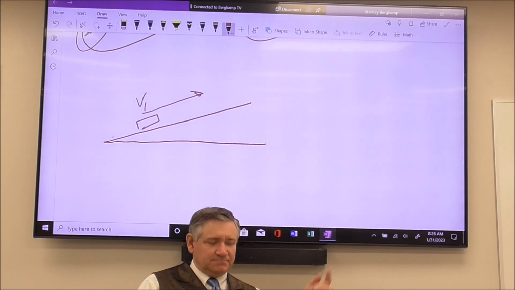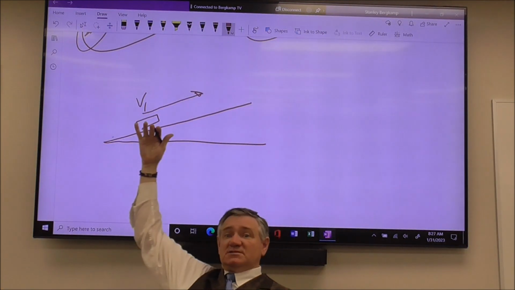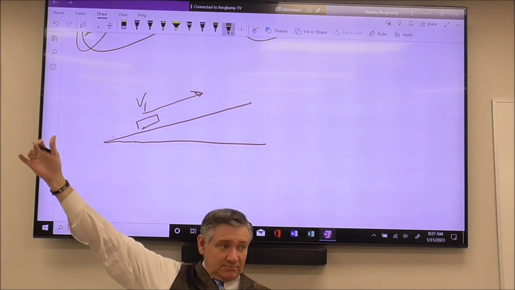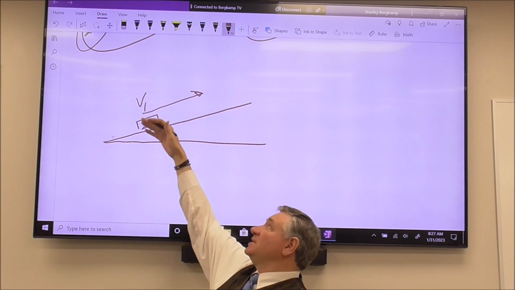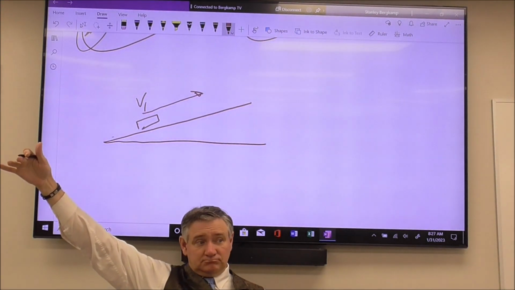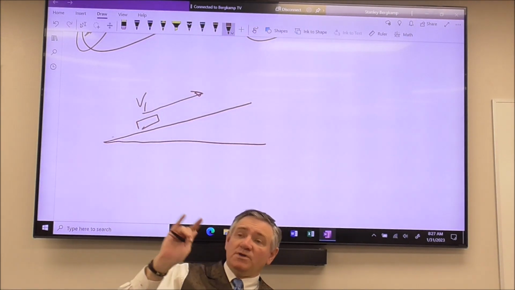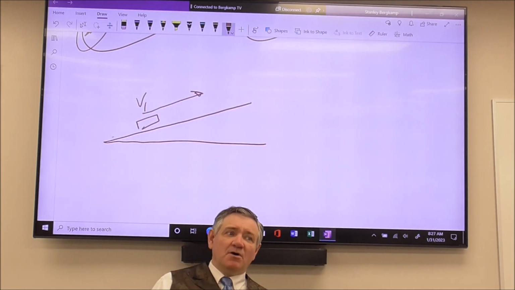Option 2, the velocity vectors are going to get smaller because it's going to slow down. Option 3, the velocity vectors are going to get bigger because it's speeding up. Those are your options. Same, smaller, bigger. What do you think is going to happen on the way up?